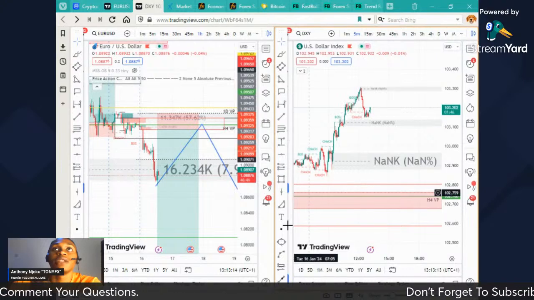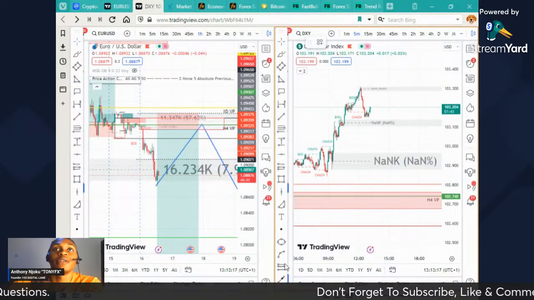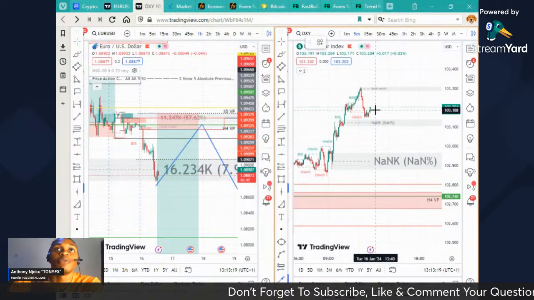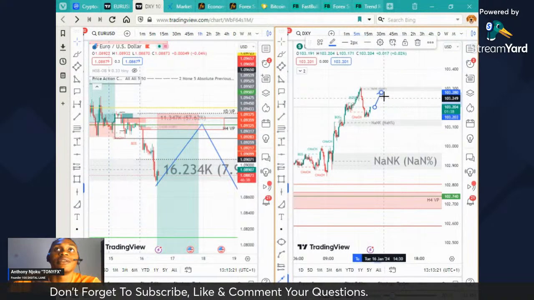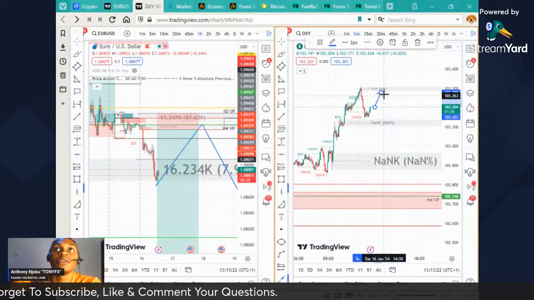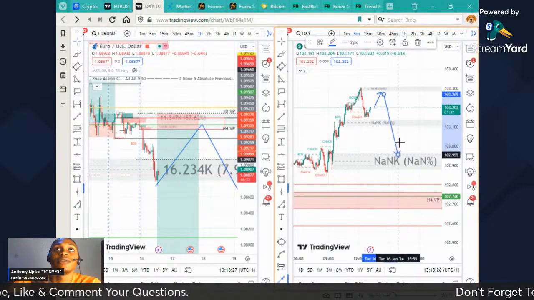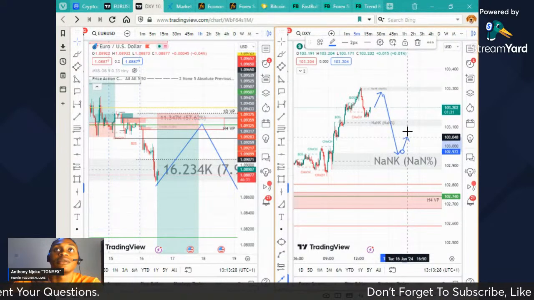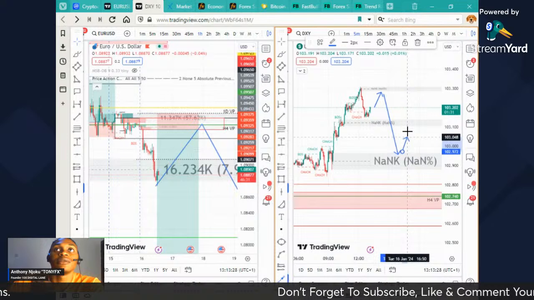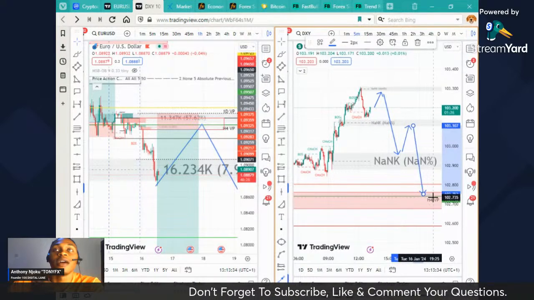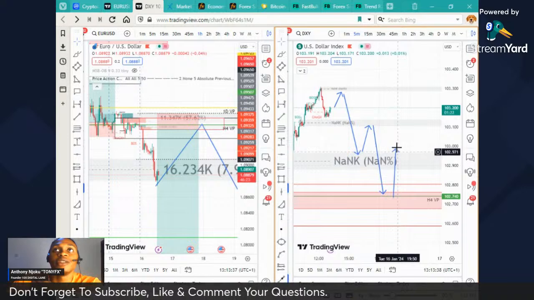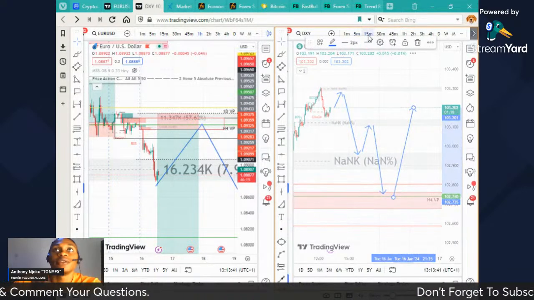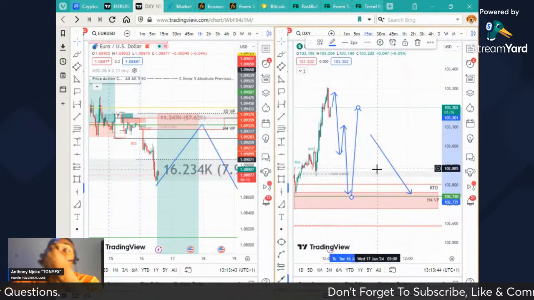There's been a change of character on DXY, and I won't be surprised if the market does this, and then comes back into this zone to pick up our trade and move to the upside. I won't be surprised if the market does that for DXY.